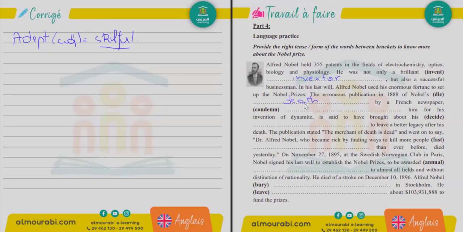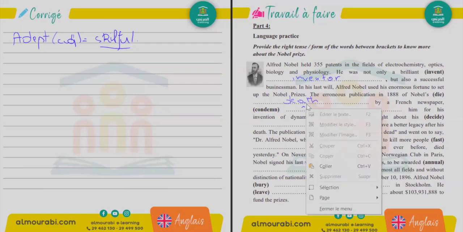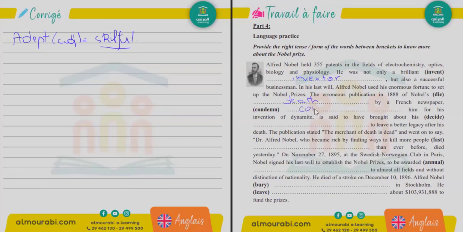This is by a French newspaper, doing an action. An active adjective: condemning him, not condemned. Condemning him.